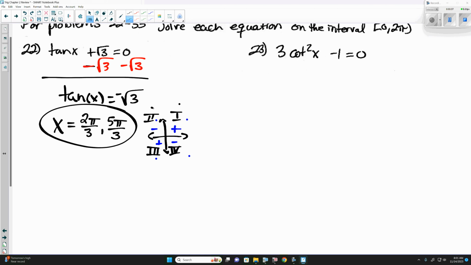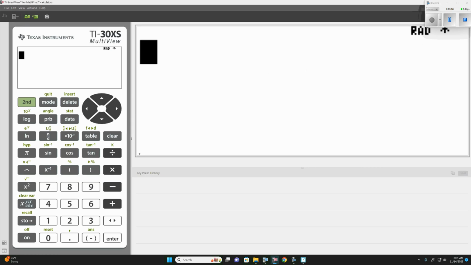And because I know that pi over 3, or any reference angles that are pi over 3, will give us the square root of 3, I'm looking to see where tangent's negative. Does that make sense? The same thing holds true with pi over 6 and pi over 4. But that tells us these two are it. And if we want to make sure, I can grab the graphing calculator, make sure it's in radians.